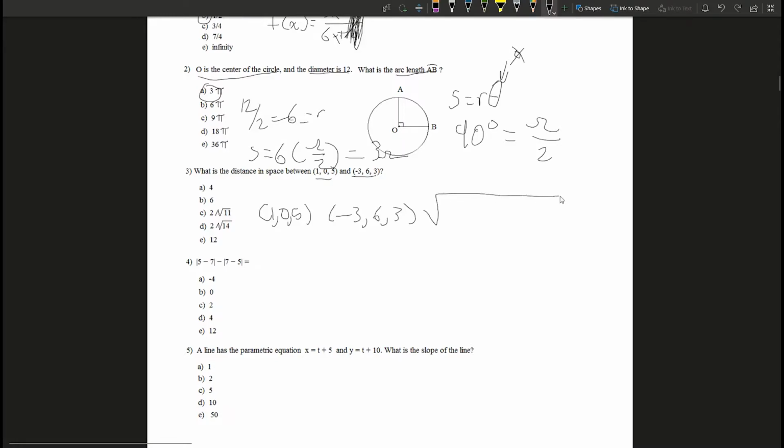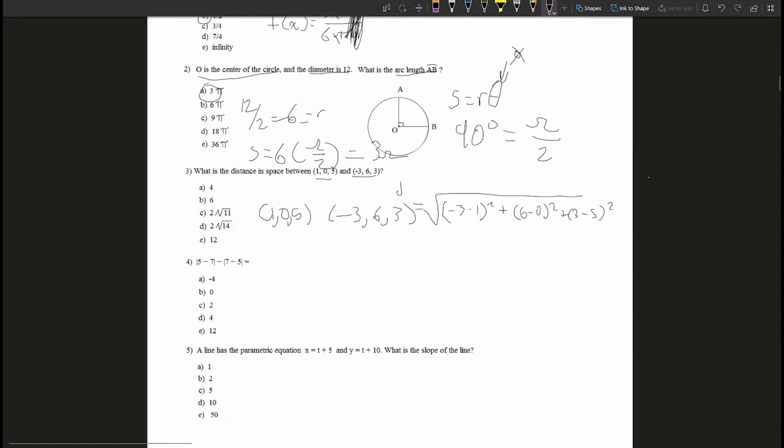So the distance formula is distance equals the square root of the change in x, so that's going to be -3 minus 1 squared, plus the change in y squared, plus the change in z squared.